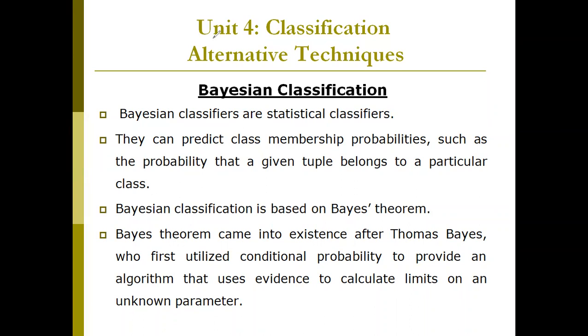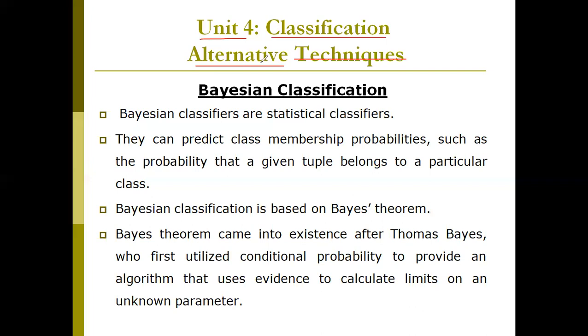Now in today's class we are going to discuss Unit 4, classification alternative techniques. Unit 4 is also about classification, but in this unit we are discussing alternative techniques of classification.